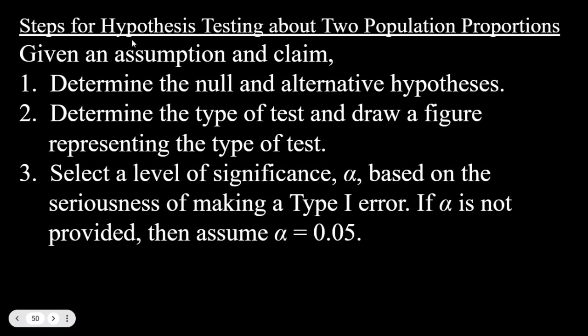First, we will determine the null and alternative hypotheses, just like we've done previously. Then, step 2, we will determine the type of test and draw a figure representing the type of test. Again, that's not super important for us since we're not basing it on critical values, but using p-values instead. Number 3, select a level of significance, alpha, based on the seriousness of making a type 1 error. And if alpha is not provided, we will assume it's 0.05.